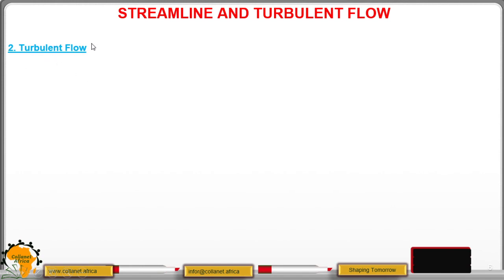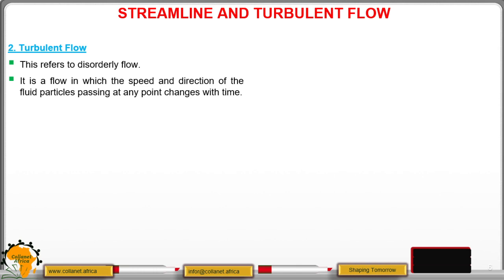Then let's go to turbulent flow, and this is a flow in which the particles of a fluid flow in a disorderly way. They don't follow a certain pattern. It is a flow in which the speed and direction of fluid particles passing at one point change with time.